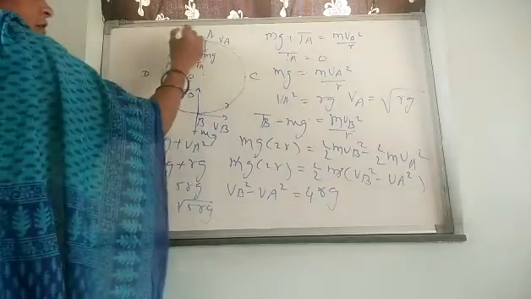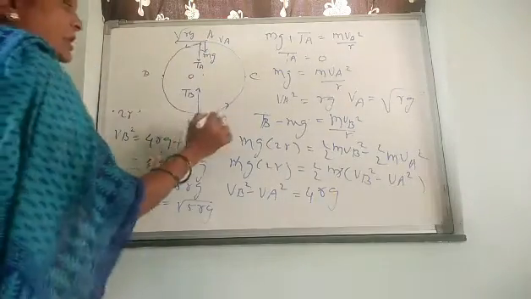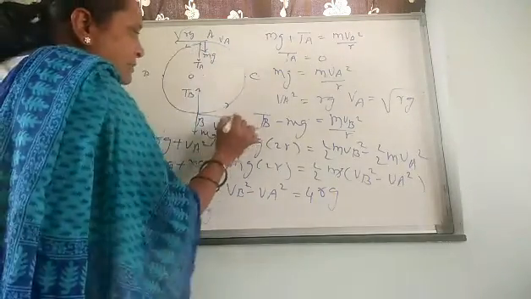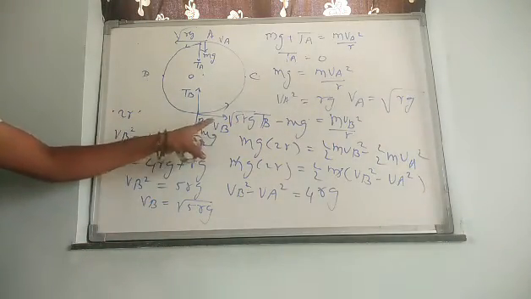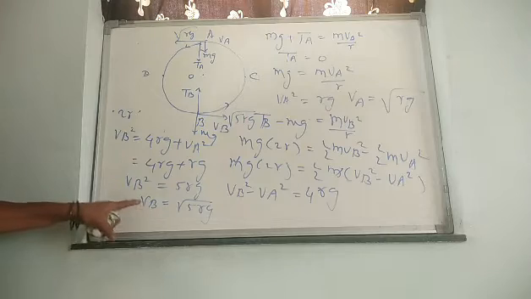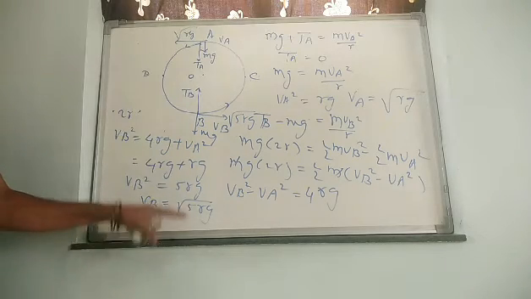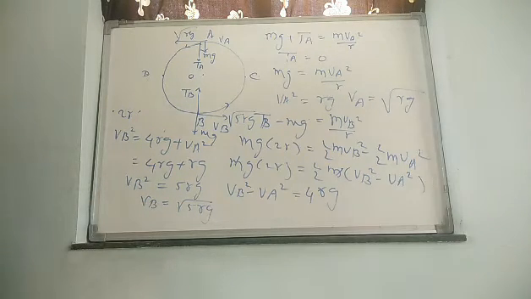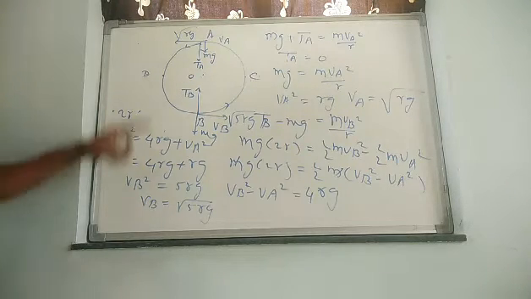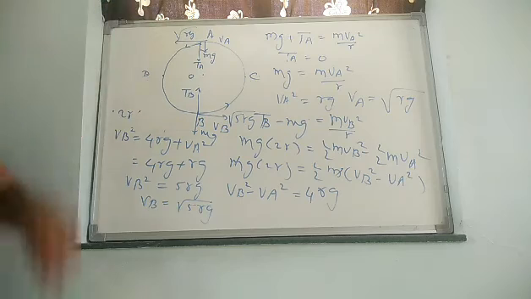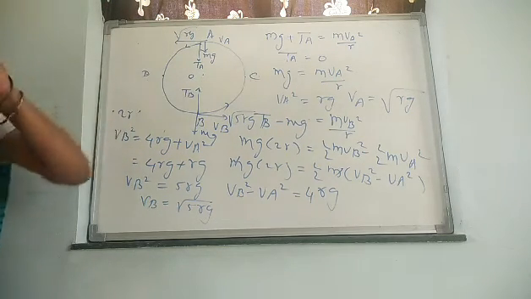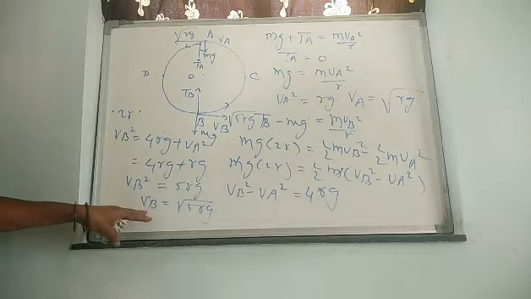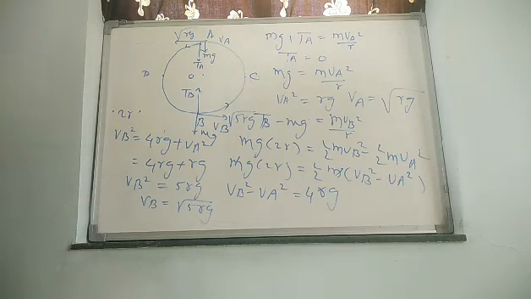This is the minimum speed at the bottom position. You have to remember the velocities at different points: at the uppermost point it is under root Rg, and at the lowest position or bottom it is under root 5Rg.